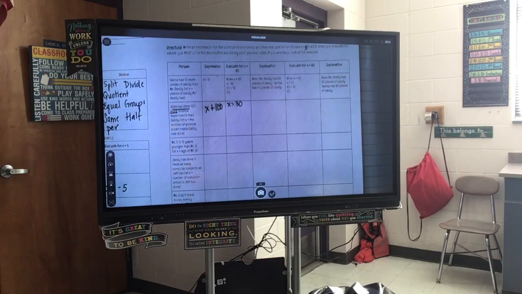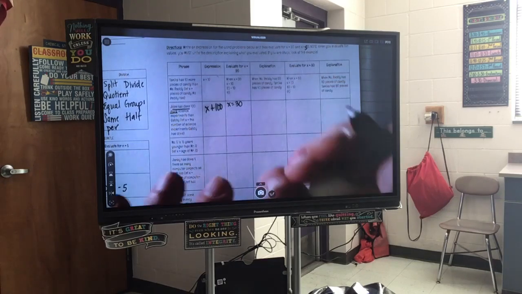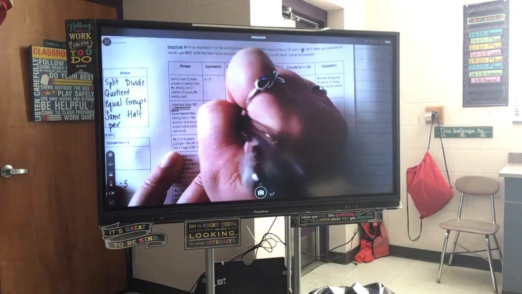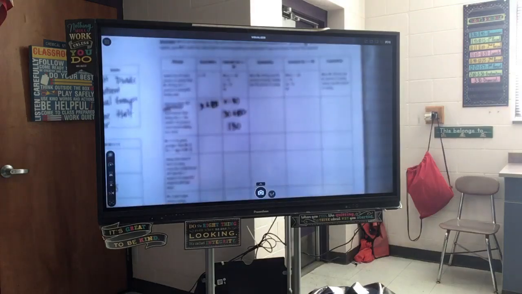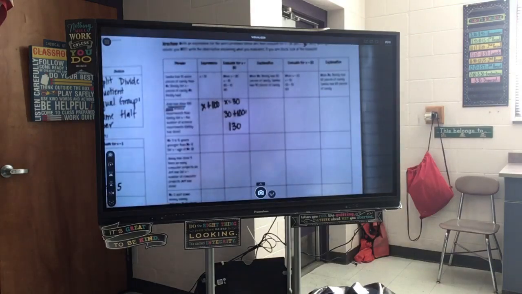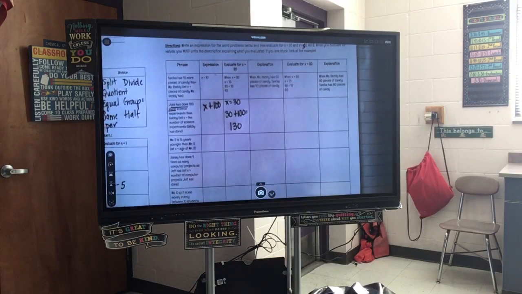So if x equals 30, what do we do? Noah. Okay, so 30 plus 100 equals 130. So now this is the part that gets a little confusing, because now we have to say, okay, well, what does this mean? What do you think, Zoe?